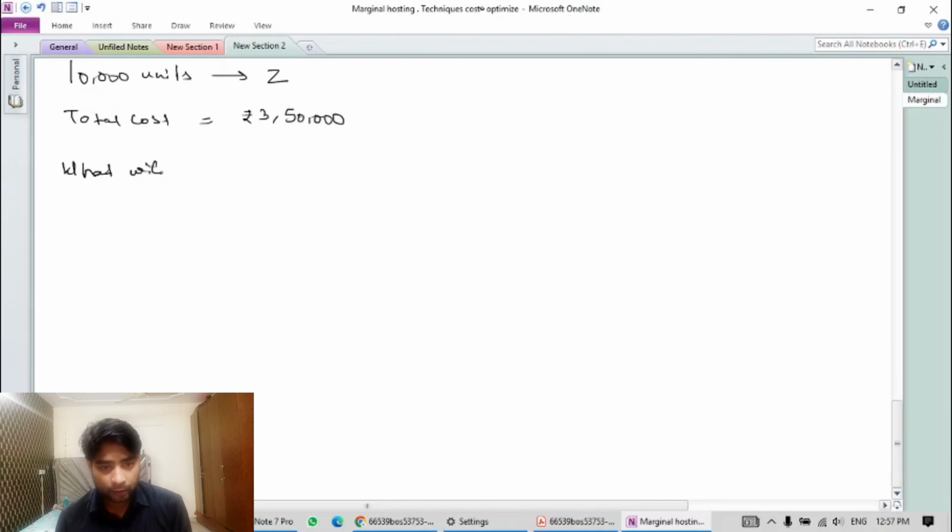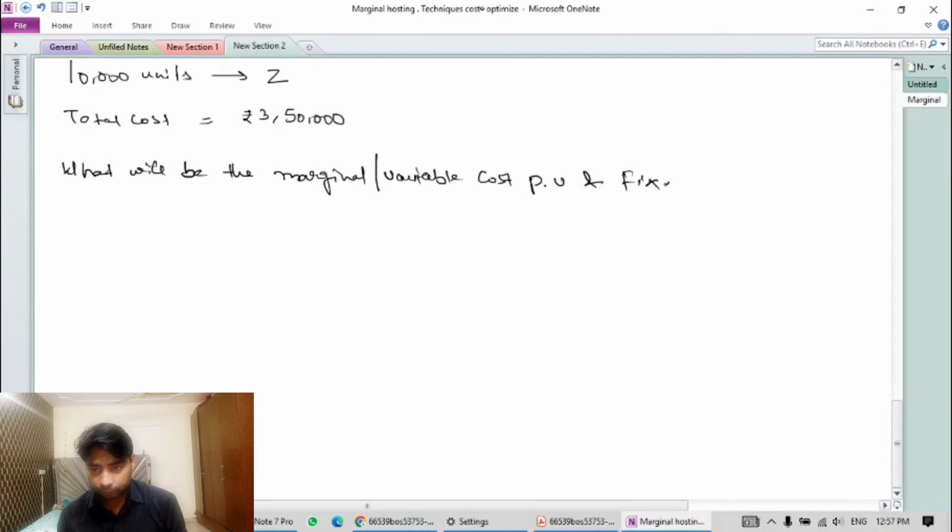Then we will find the marginal, that is, variable cost per unit and fixed cost.